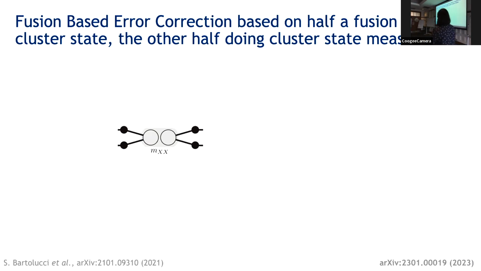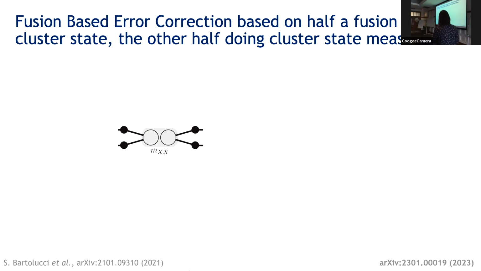Okay, so let's see how I can use fusions to stitch smaller resource states. So there are many ways to think about it. In fact, even in our paper and also this paper from PsiQuantum, which was the first time I think they gave this technique a specific name, which is fusion-based error correction.